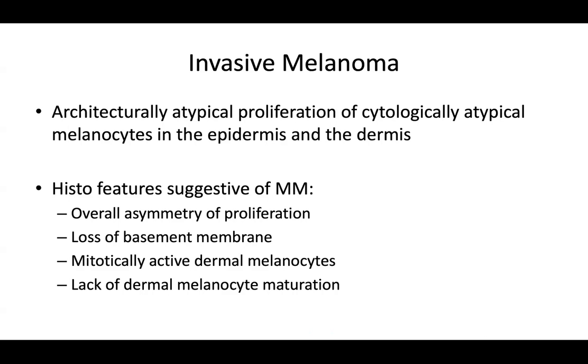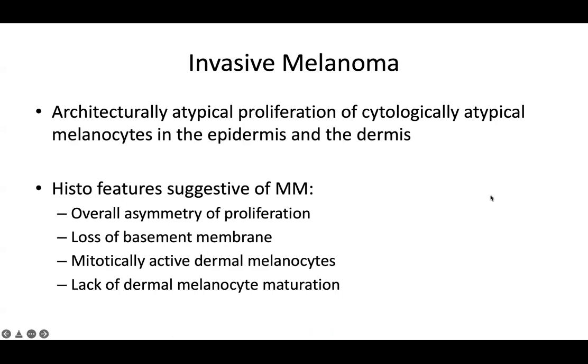The more mitotic figures you find in dermal melanocytes, that becomes a very big red flag. You can have one or two scattered mitotic figures in different types of nevi, including in young children or pregnant patients, for example. But when you start to get a significant number of mitoses in the dermal melanocytes, that argues for melanoma, and a lack of dermal melanocyte maturation.